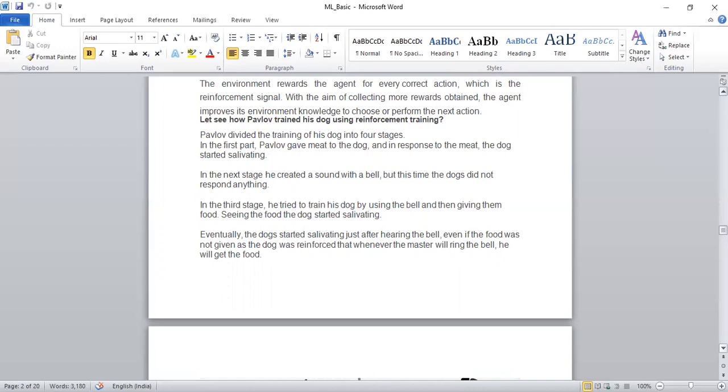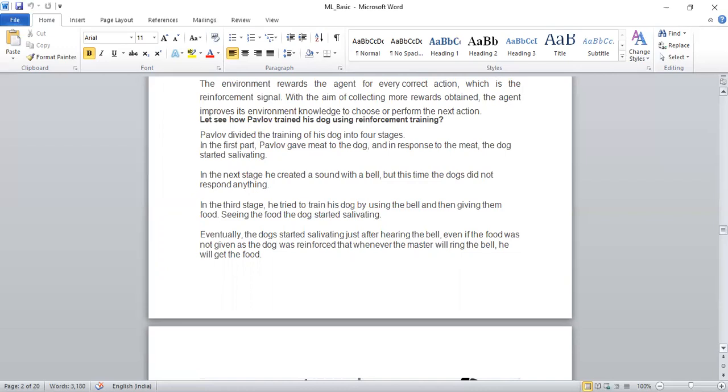In the first part, Pavlov gave meat to the dog, and in response to the meat, the dog started salivating. In the next stage, he created a sound with a bell, but this time the dog did not respond.